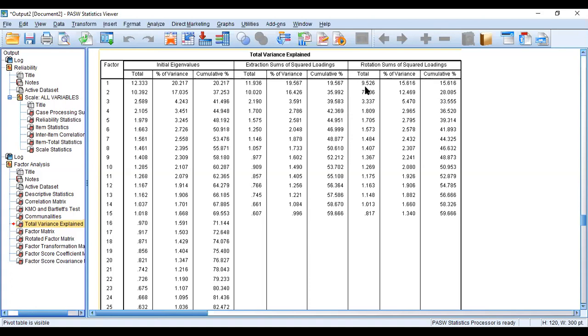For factor 1 the total eigenvalue is this, for the second it is this, for the third it is 3.37, then fourth, fifth, sixth, and likewise till the 15th. The percentage of variance explained by factor 1 is 15.616, 12.469 by the second factor, and so on.